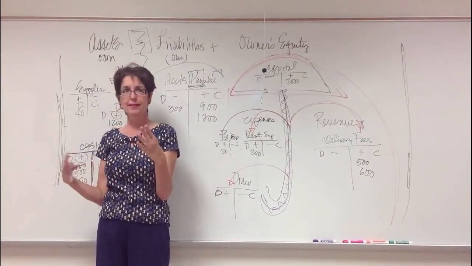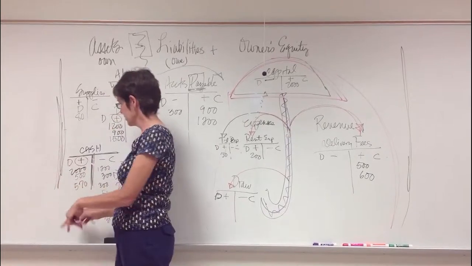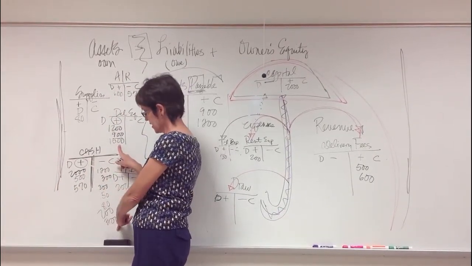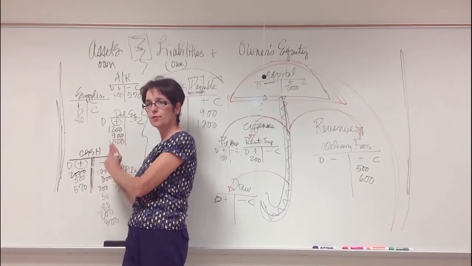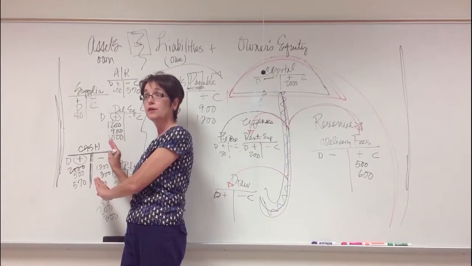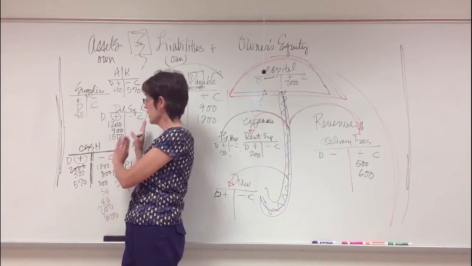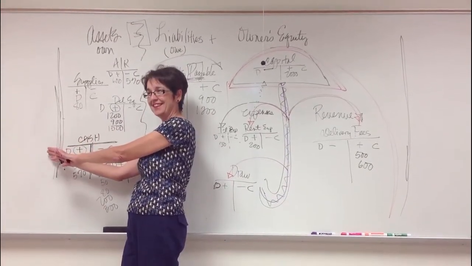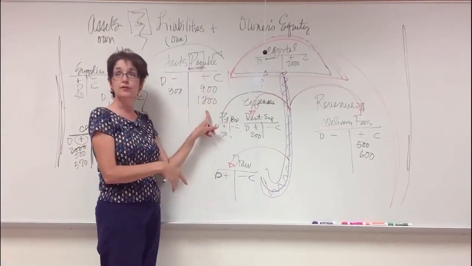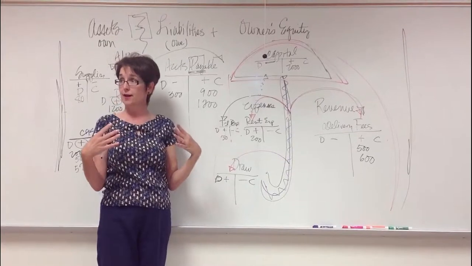So if you think about this one now, you really need to look at it, because what happened here? A 1,500 plus and a 300 minus equals what over here? 1,500 minus 300 is what? 1,200? So I plus 1,200 on this side, and I plus 1,200 on this side. So I balanced, right?